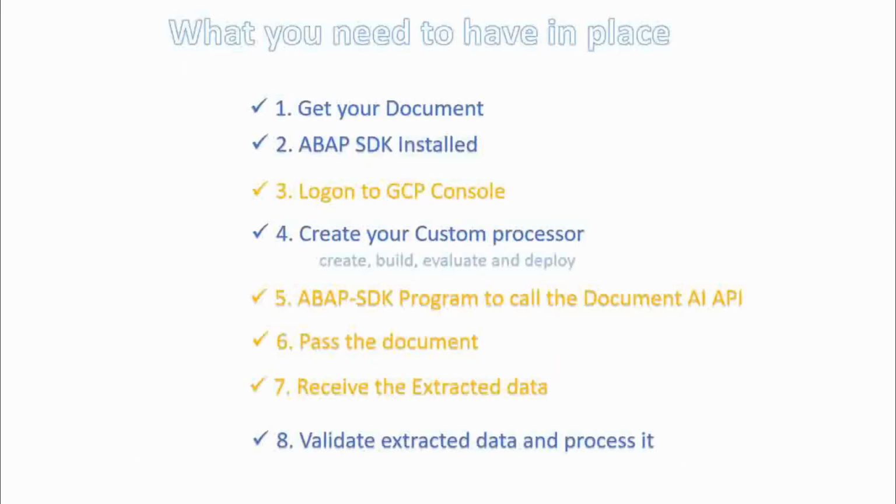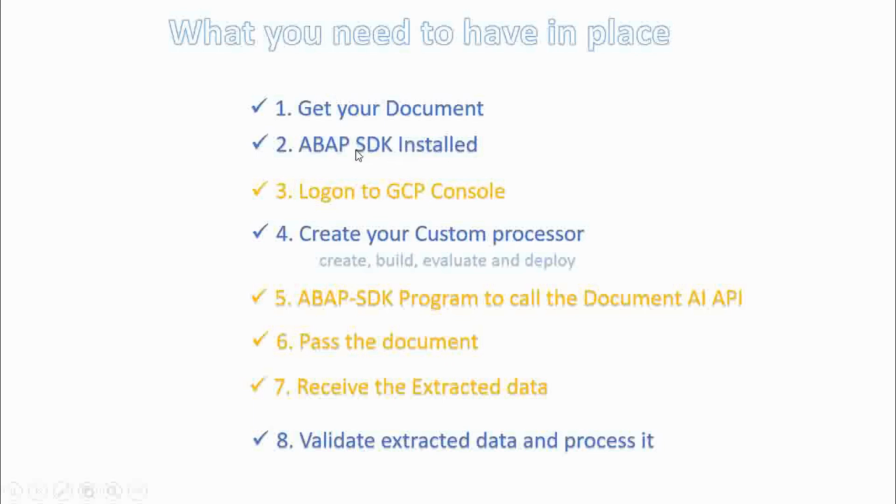Before going into detail, I will give a brief on the prerequisites. First of all, you should know what kind of document you are going to process. Maybe a PDF document, JPEG document or image document, any one. We will take a PDF document as an example case.